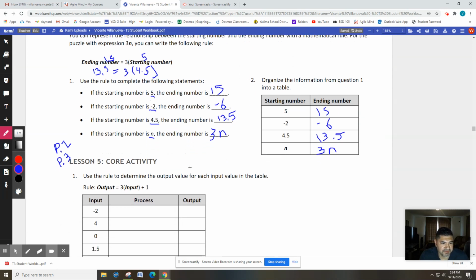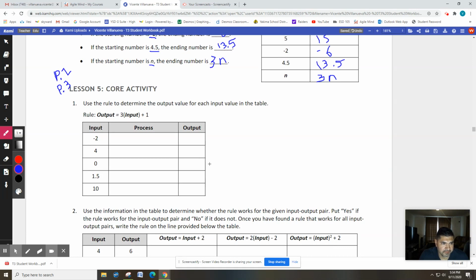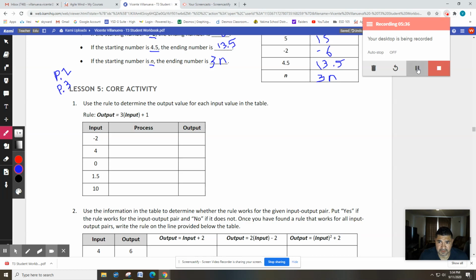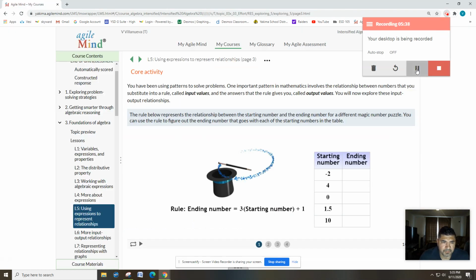Let's go ahead and scroll down to number 1. And number 1, I'm going to show you guys some animations that go along with this. So the next part of our lesson is the core activity. It says you have been using patterns to solve problems.